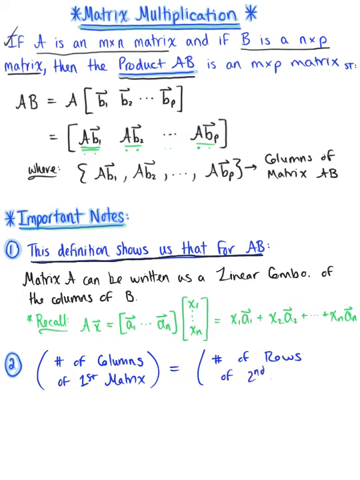Otherwise, the product will not exist. So the number of columns in the first matrix must be equal to the number of rows of the second matrix. And we're observing that here with this definition.